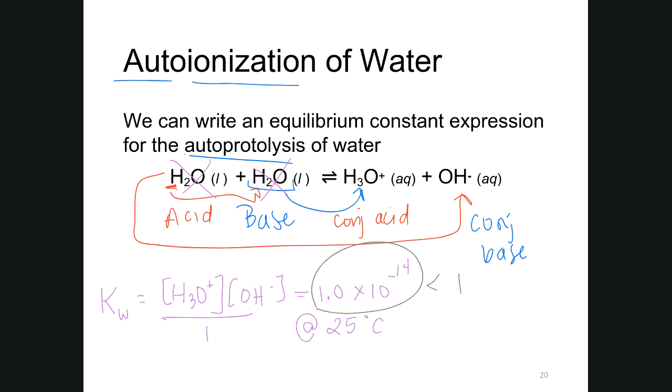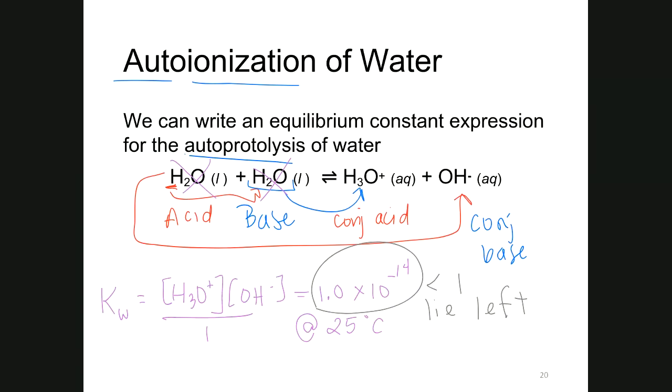In the case where we have a K value that is less than 1, that means that we lie to the left. In other words, we have more reactant than we do product. And this is great news for us because hydronium is very, very acidic. It is a very strong acid. Hydroxide is a very, very strong base.